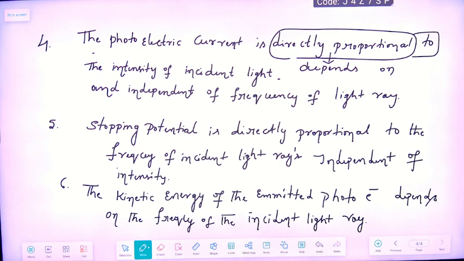Intensity doesn't affect the stopping potential; intensity increases the number of photoelectrons, that means the photoelectric current. Stopping potential is independent of intensity but depends on frequency. Kinetic energy of the photoelectrons depends on frequency. The incident light ray should have frequency greater than the threshold frequency; only then will the photoelectric effect take place. These are all the things. Understood?